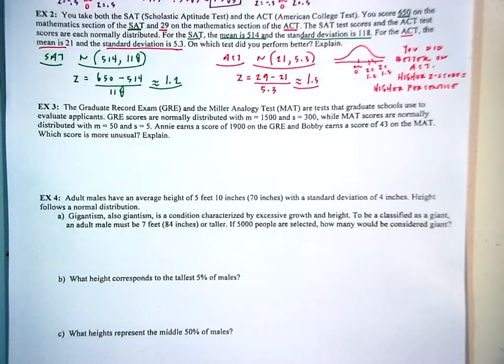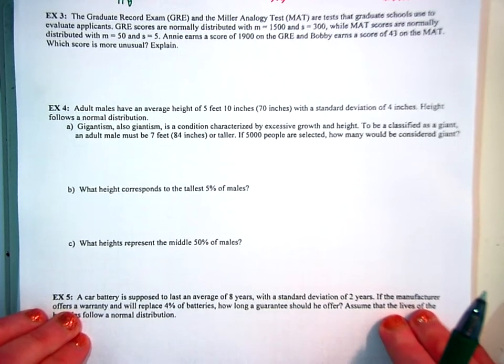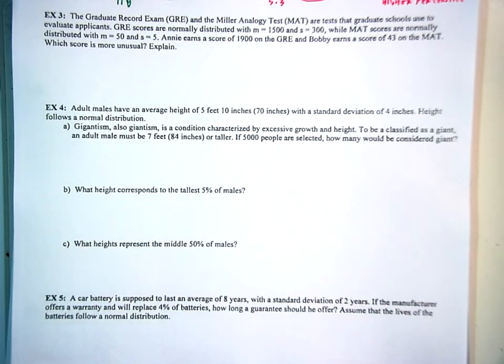All right, next up, looking at example 3. Same idea, looking at 2 tests, but for grad school. The Graduate Record Exam, GRE, and the Miller Analogy Test, MAT, are tests that graduate schools use to evaluate applicants.